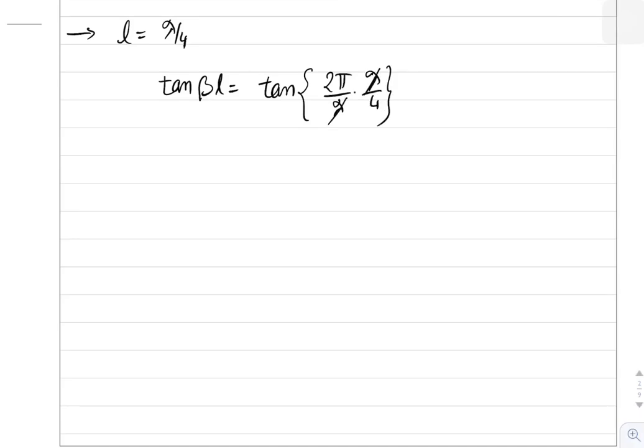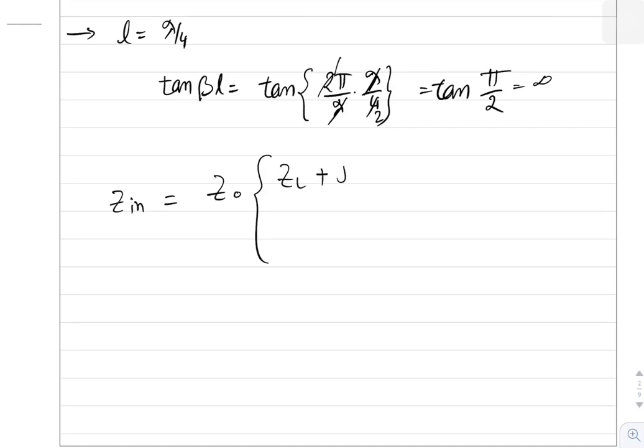So lambda will get cancelled, 2 1s are 2, 2 2s are 4, therefore it is tan pi by 2, and the value of tan pi by 2 is infinity. The input impedance of the transmission line is equal to characteristic impedance multiplied with ZL plus J times ZO tan beta L by ZO plus J times ZL tan beta L.